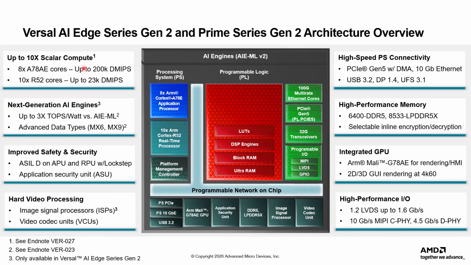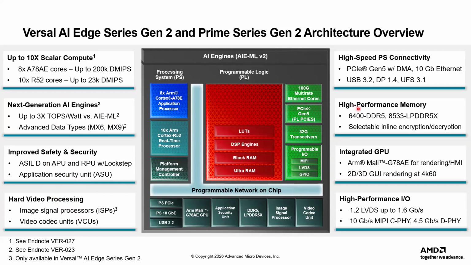So this is a major feature. The AI engines being able to support these advanced data types like we just discussed, the improved safety and security. This is huge. You could do things with the Gen 2 product that you could never do before. And then these hardened video processing blocks. This is what really distinguishes Gen 2 from the previous families.